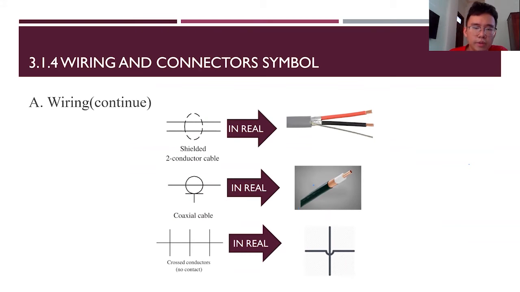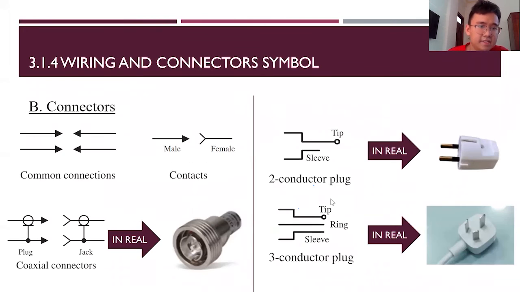The shield with two conductors, especially coaxial cable, transmits radio signals, as you can see from the antenna cable. And there is the crossing conductor with no contacts.